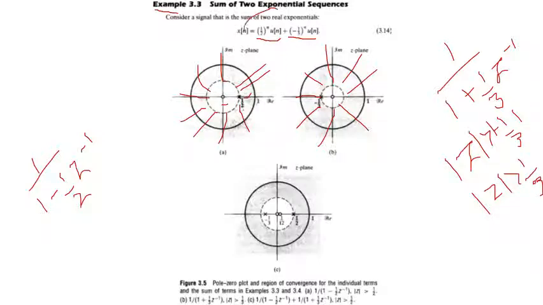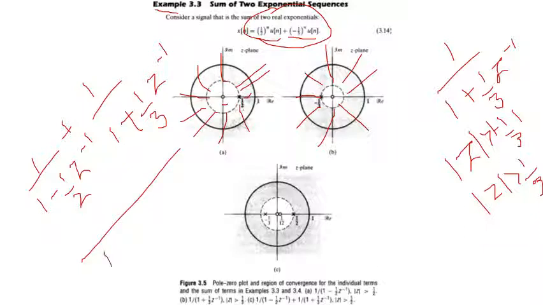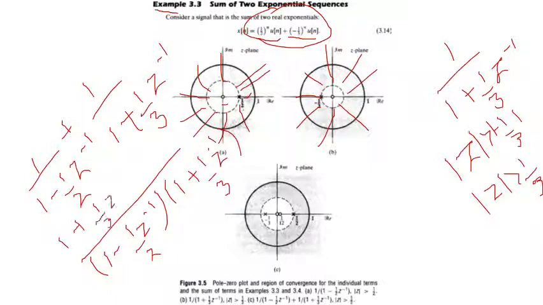Now because there is a sum here, after solving this plus 1 divided by 1 plus 1 by 3 z inverse, if I take the LCM of these, this will become 1 plus 1 by 3 z inverse plus 1 minus 1 by 2 z inverse.